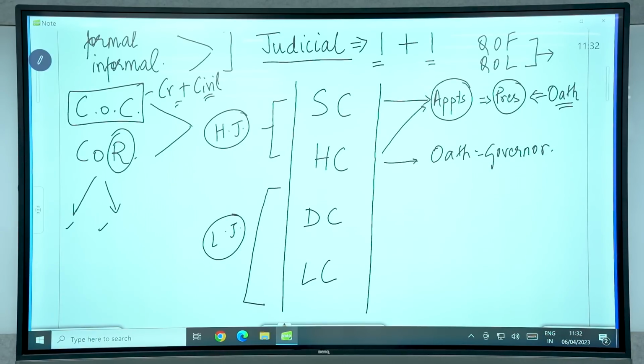Clear? Understood? So, all higher judiciary appointments are done by the President on the advice of the Collegium and the Council of Ministers. In the prelims exam, you will not get a question on what happens if a collegium is rejected or how binding the advice is, because this is not in the Constitution.